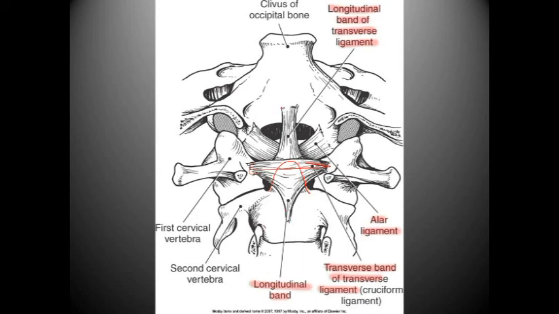We have also the alar ligament and the longitudinal band of the transverse ligament, which allows this to kind of stay in place.